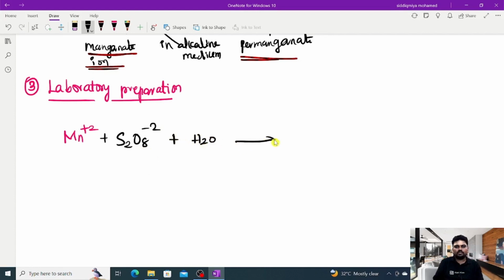So you will get the permanganate ion, MnO4 minus, and sulfate ion, plus H plus ions, so you get acid.